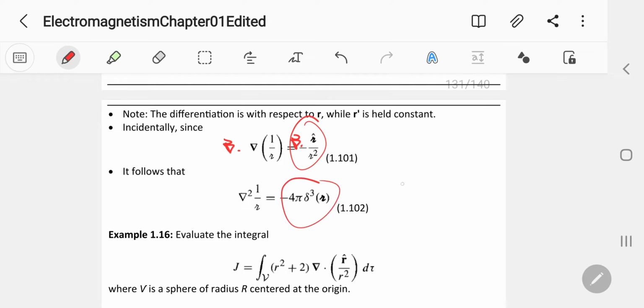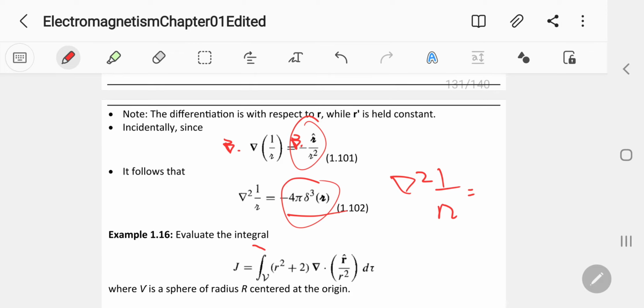So therefore the Laplacian of 1 over scripted r is just equal to negative 4 pi Dirac delta of the scripted r.